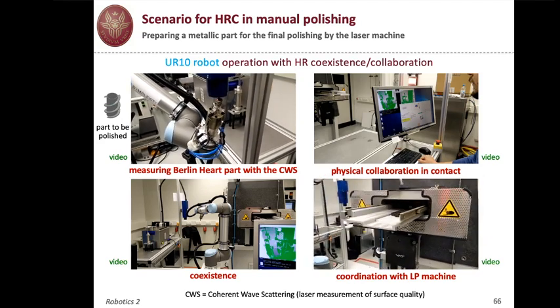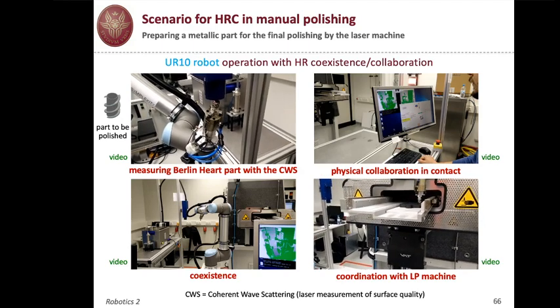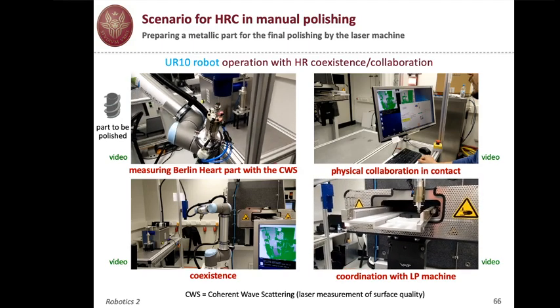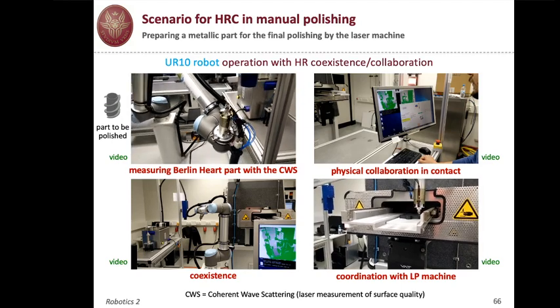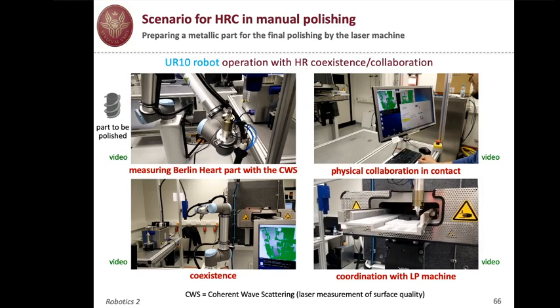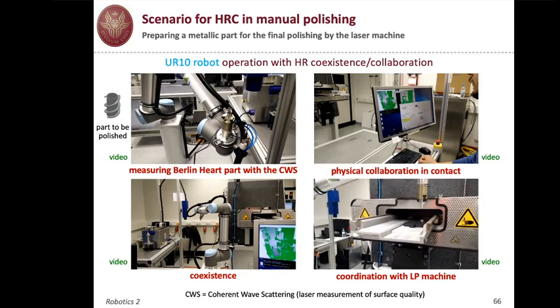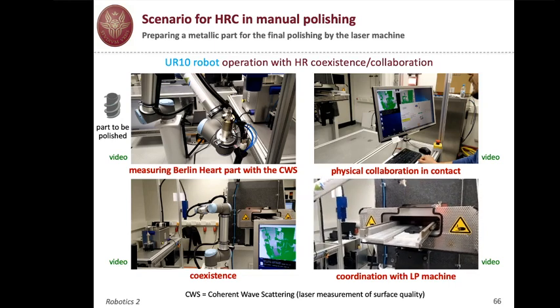On the other side of the cell, there's the laser polishing machine, and of course, the robot should also coordinate with a tray which opens. This is the only point where parts can be placed and then brought inside the laser machine.